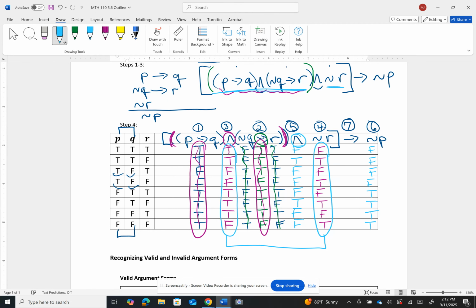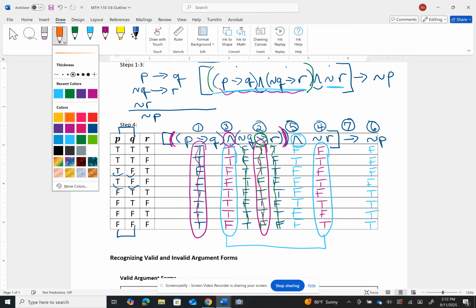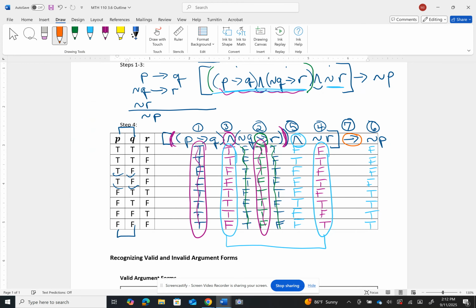All right, now I'm getting ready to do the last step, which is this. The answer to the whole bracketed part was this column right here. So that's the whole first part, the answer to all the premises hooked together with ANDs. And I need to put that together with a not P and see what happens.